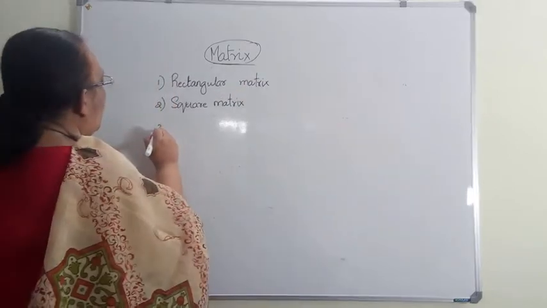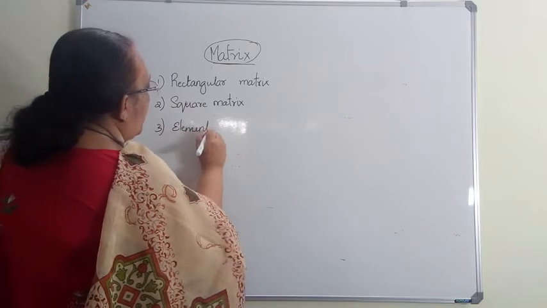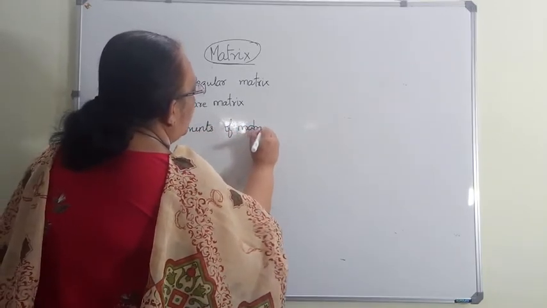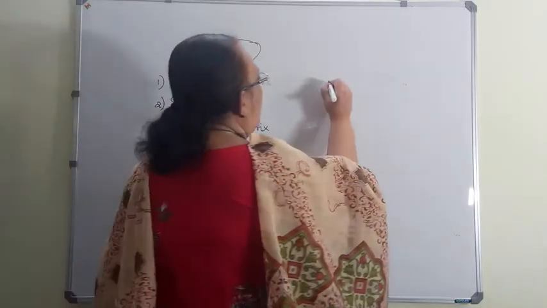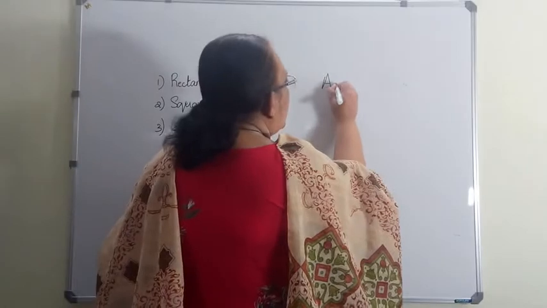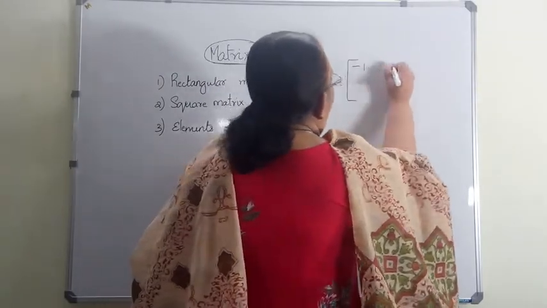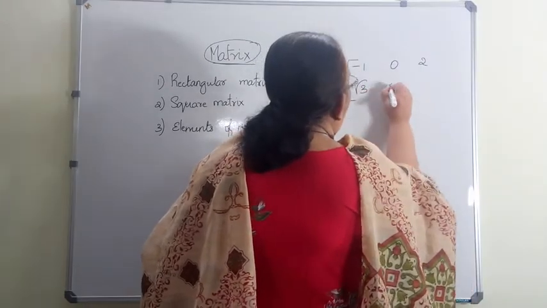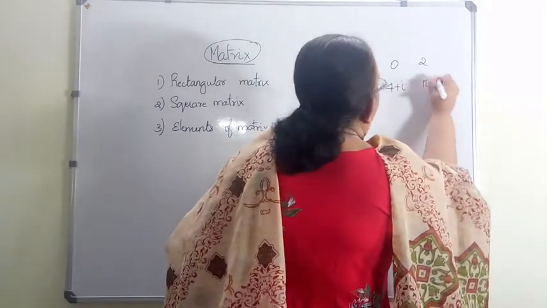Now we will see what we mean by elements of the matrix. Elements of a matrix. Let us consider the example. Another simple example I am taking: A is equal to -1, 0, 2, √3, 4 plus i, and 10.